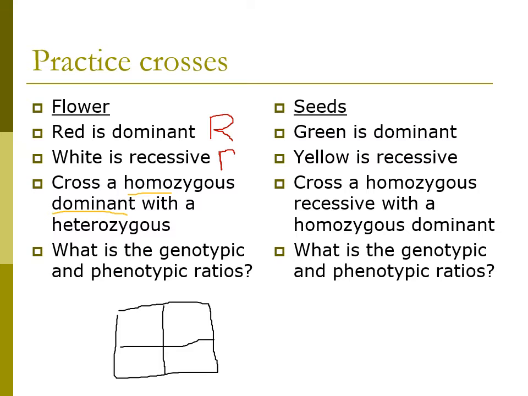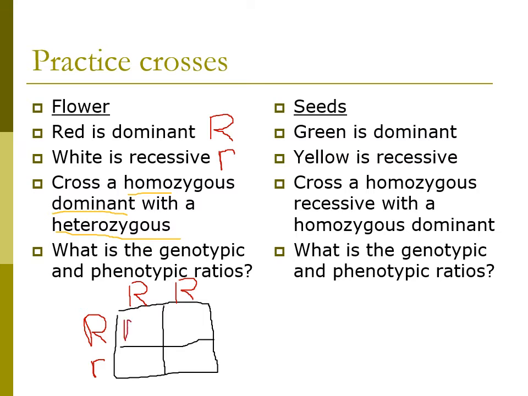If dominant is big R and they're the same, they have to both be big R. So you have to know that homo means the same and that dominant is capital, and then it's not hard to pick it out. And we're crossing them with a heterozygous. Now hetero means different. Well, the only way to make them different is to have one be capital and the other lowercase. Now they're different, right?